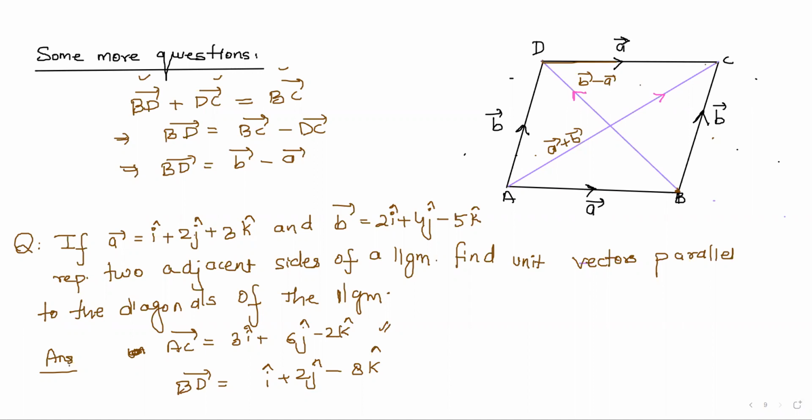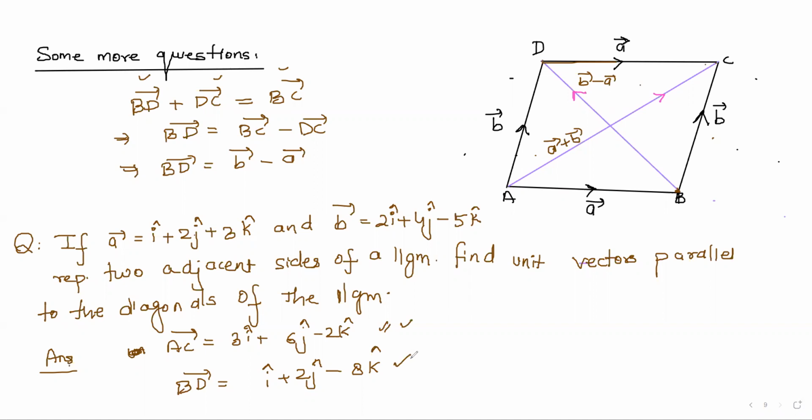Is it done? Omer, Abdul, Fahad, is it done? Magnitude of AC is 7 and magnitude of BD is root 14? Why is it not under root 69? First of all, Abdul, check this.